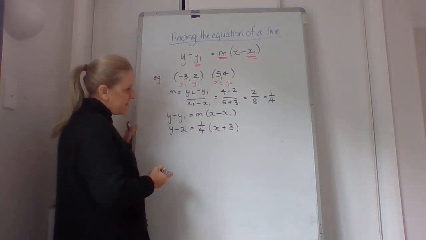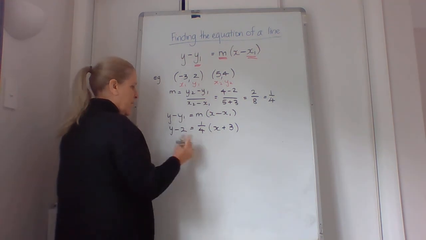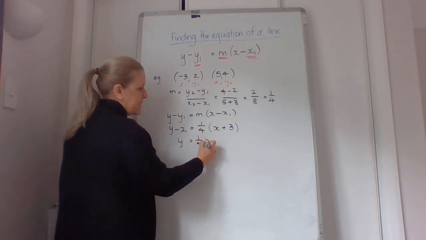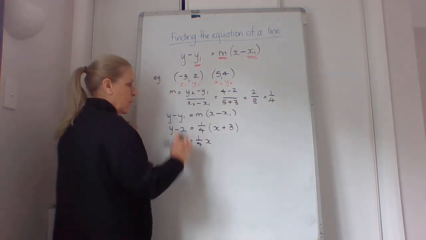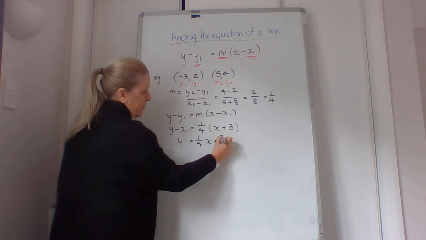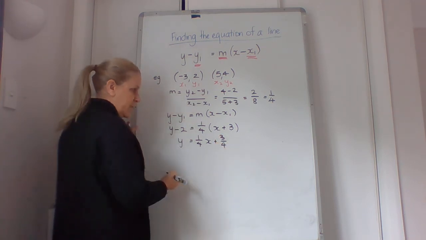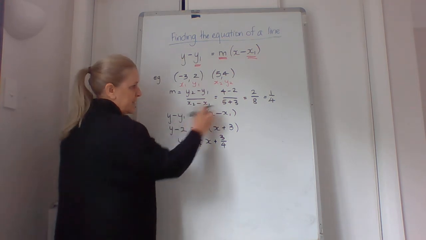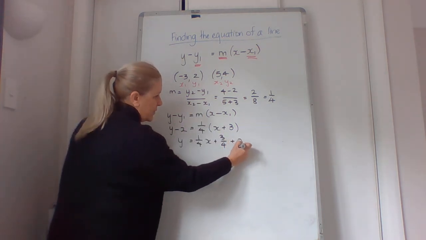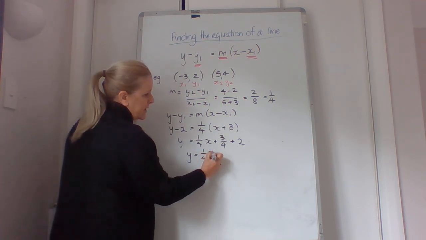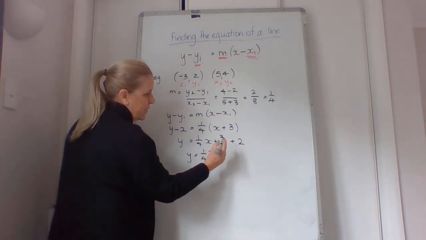All right, that gives us a quarter gradient. So we've got y equals a quarter x, so it's very flat, 1 up, 4 across. A quarter of 3, which is a horrible number, but we're going to write it as 3 quarters. All right, so a quarter times 3 is 3 quarters. And this onto the other side is plus 2. So our equation is y equals a quarter x plus 2 3/4.